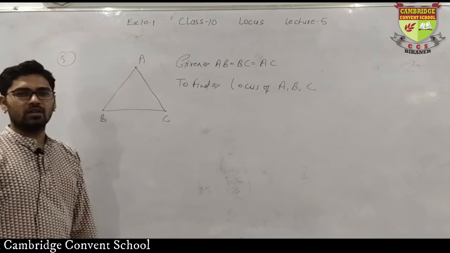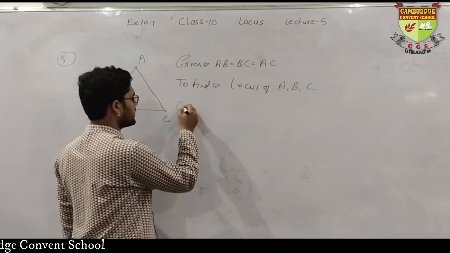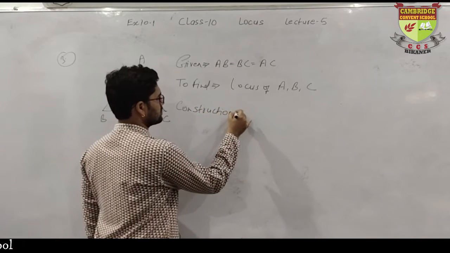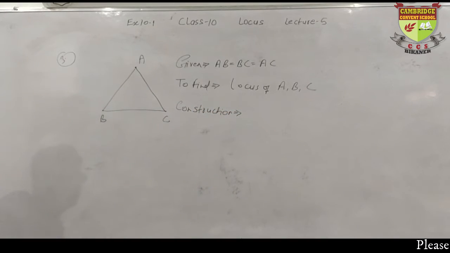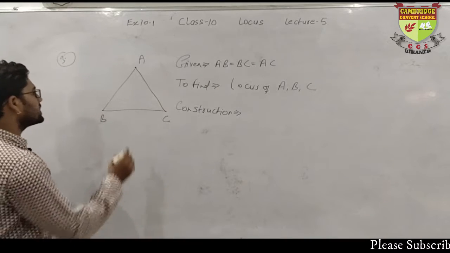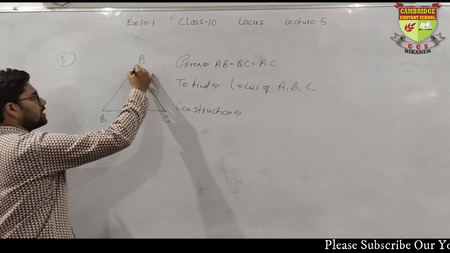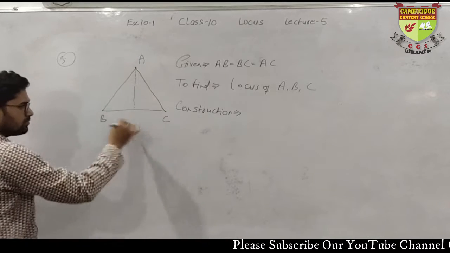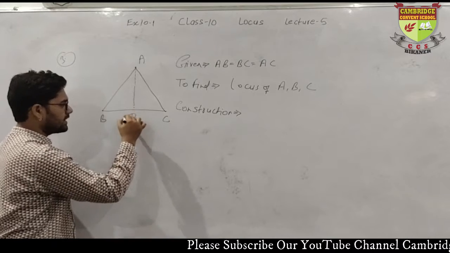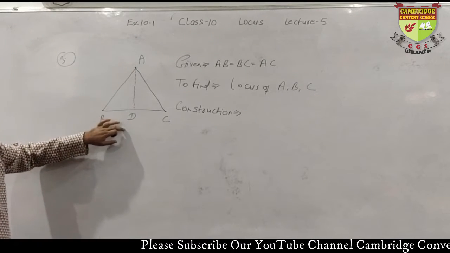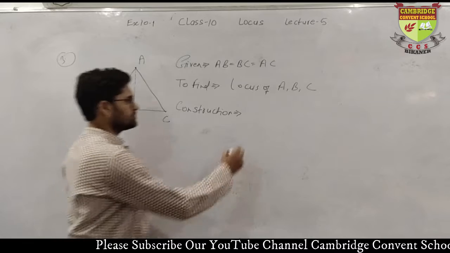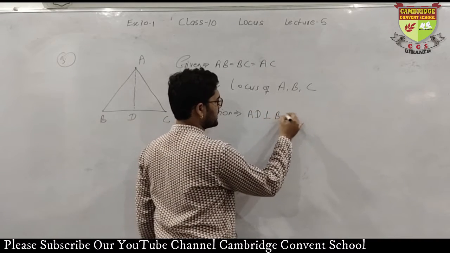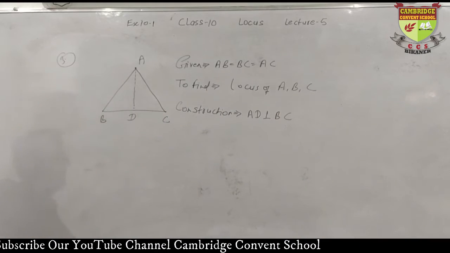For this we have to construct something, so I will mention the next step as construction. The construction is a perpendicular on BC. I will give it the name AD, a perpendicular on side BC. Okay, fine.